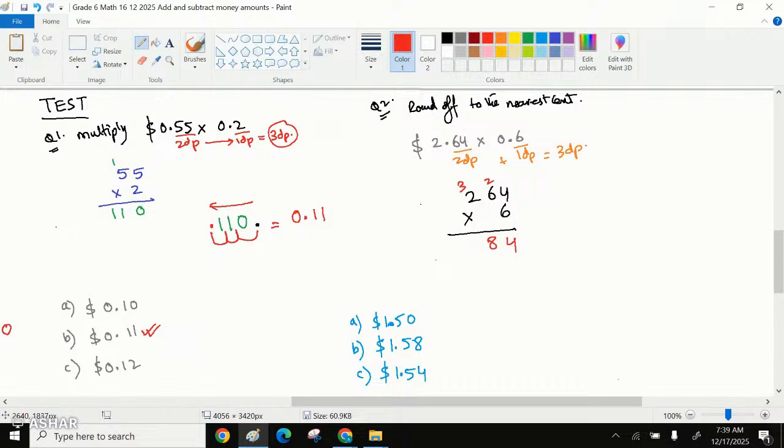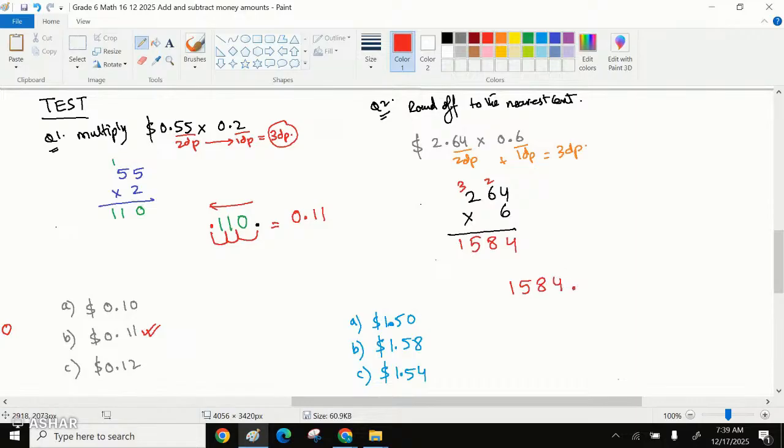And 6 times 2 is 12. 12 plus 3 is 15. So therefore the value we find comes out to be 1584.